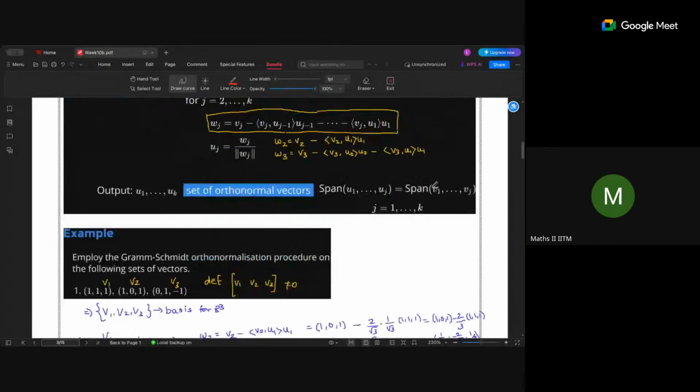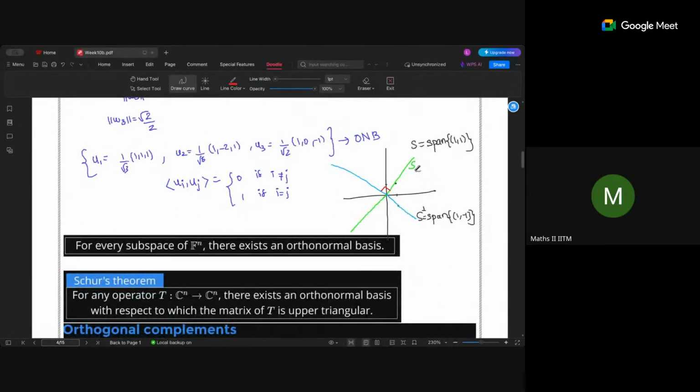So in the case of lines in R2, what is the dimension of S? 1. So dimension of S perp is again 1. So we see that the dimension of S plus the dimension of S perp is equal to the dimension of R2, right?